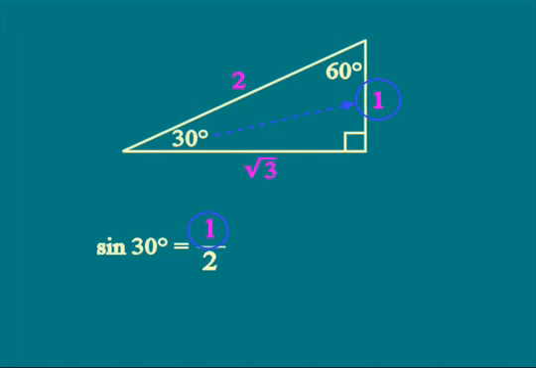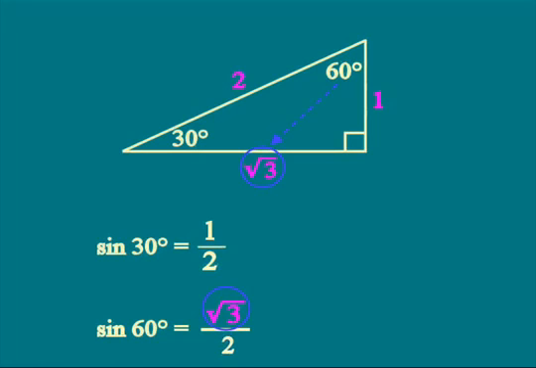Let's find sine of 60 degrees next. Same thing, opposite over hypotenuse. Look at the angle 60 degrees. Its opposite side has length square root of 3. So the sine of 60 degrees equals square root of 3 over 2.